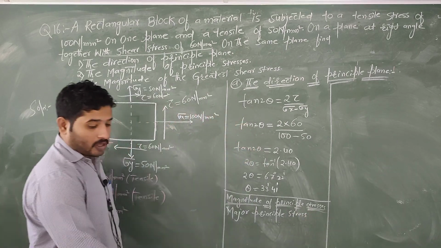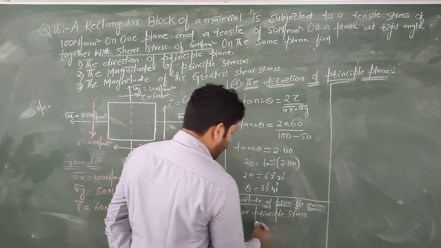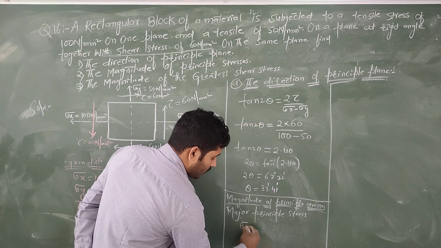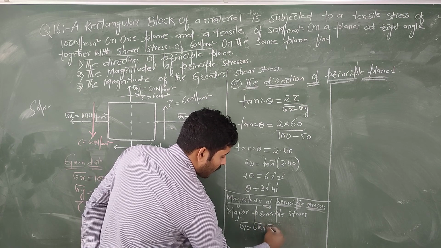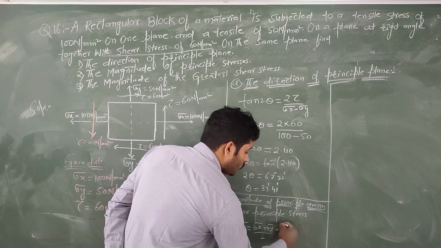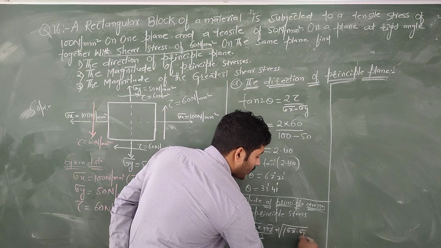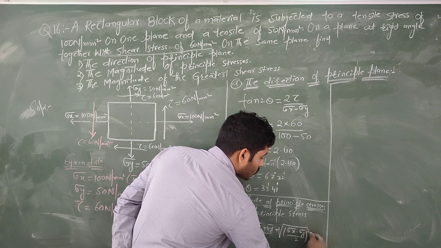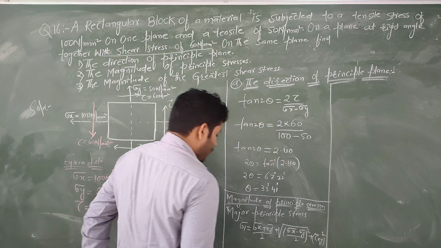For the major principal stress, we use the formula sigma 1 equal to (sigma x plus sigma y) by 2, plus the square root of ((sigma x minus sigma y) by 2) whole square plus tau xy whole square.